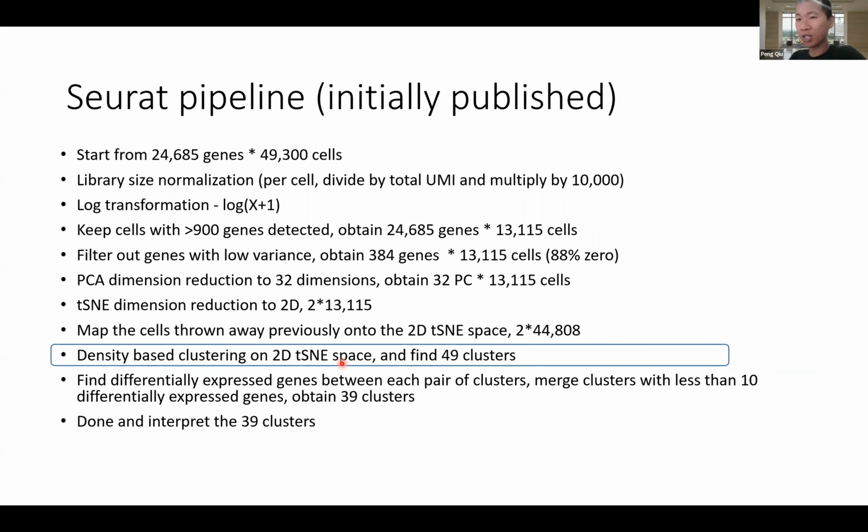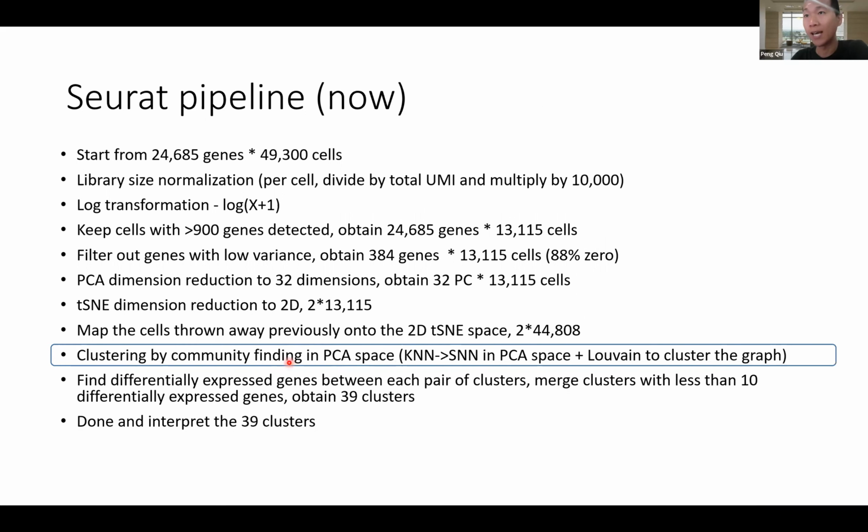But that dimension reduction step is compacting information into just 2D, and there could be an undesirable loss of information or even artifacts introduced. So I think that's why people later moved away from defining clusters based on the 2D visualization space, and instead try to define clusters based on the PCA space.